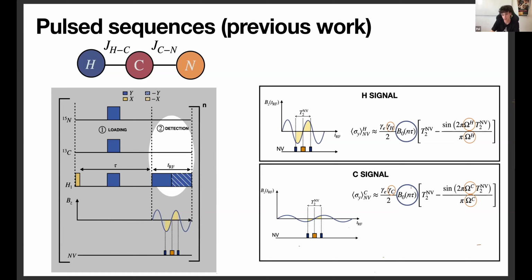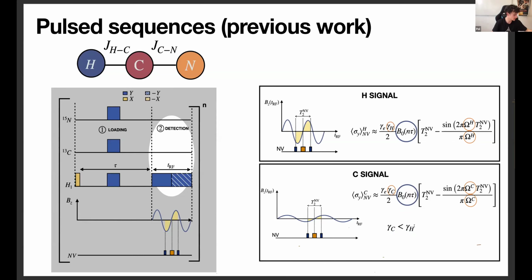But this term, which recall is the one that carries information about the evolution during this period, is the same. So the state is the same, but the amplitude of that state will not be the same, because the gyromagnetic ratio of the carbon is lower than that of the hydrogen.